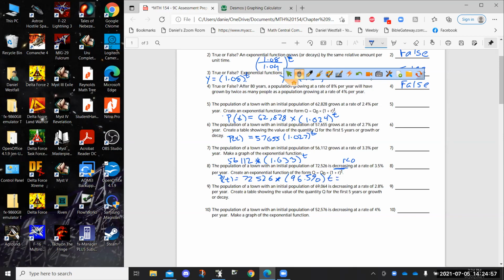But we don't want to write that as a percent. We want .965 like that. This is to the t, not t. This is raised to the t. Raised to the t power. And then they want us to do something similar here. We write the equation.